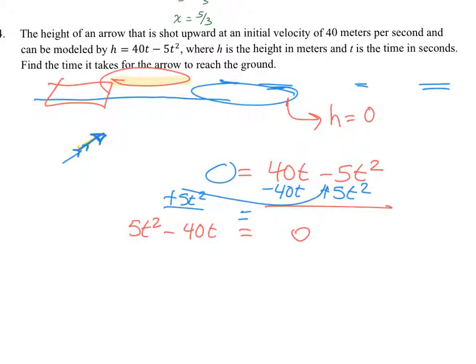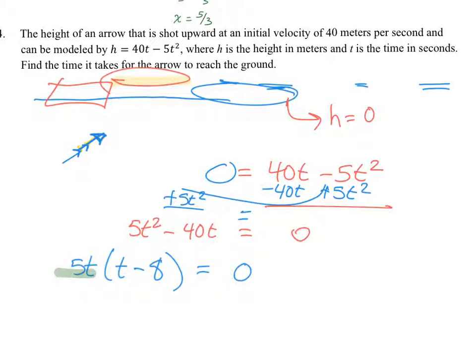Factor. Well, is it in standard form now? Yes. Is there a GCF? Yes, there is. 5t. What's left? T minus 8 equals 0. Now I have parts that multiply to give me 0. So what's the next step?